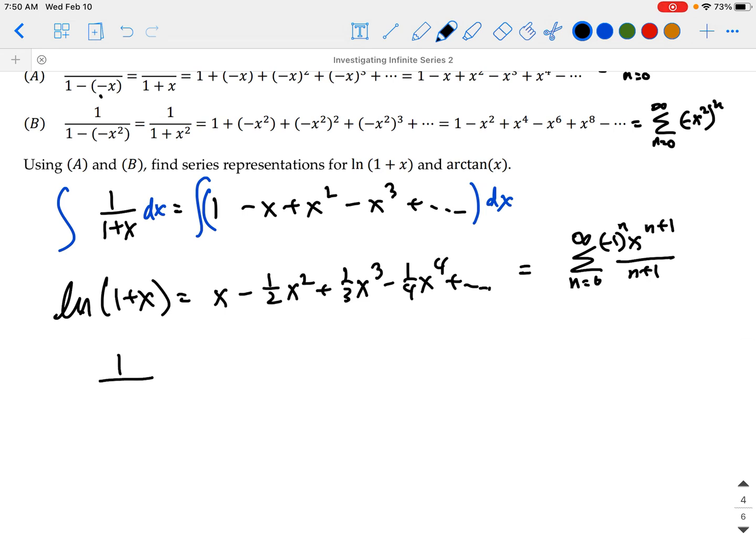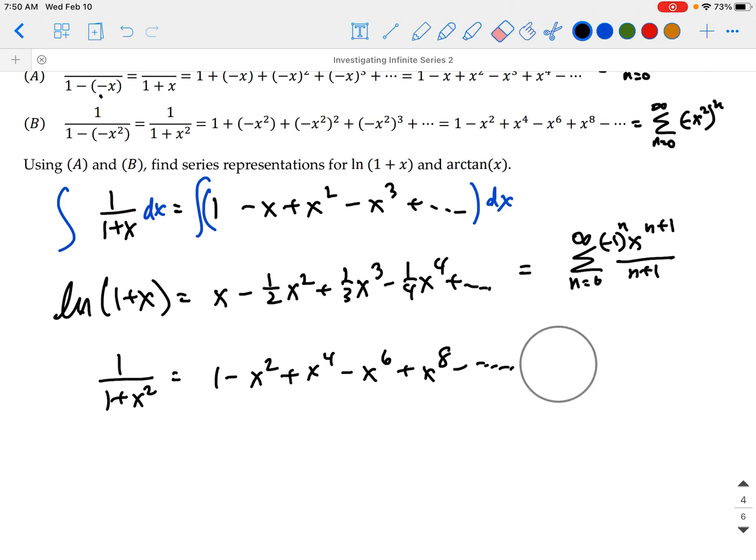And then for arctan, so that's going to be our 1 over 1 plus x squared expression, which is 1 minus x squared plus x to the 4th minus x to the 6th plus x to the 8th. So again, we can integrate both sides.